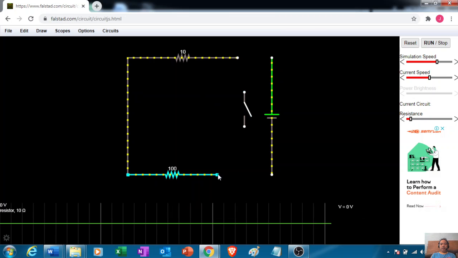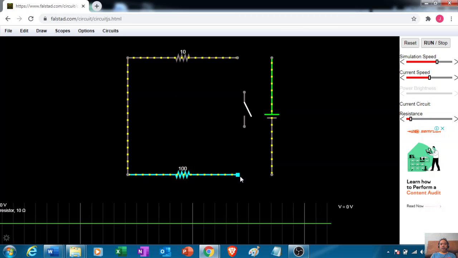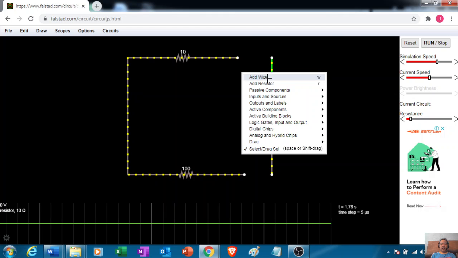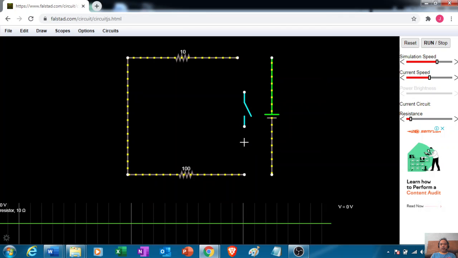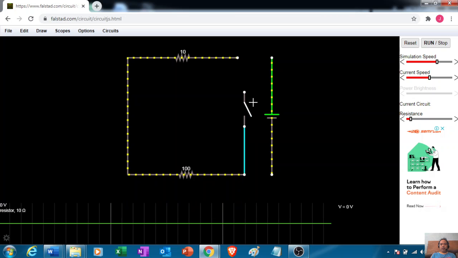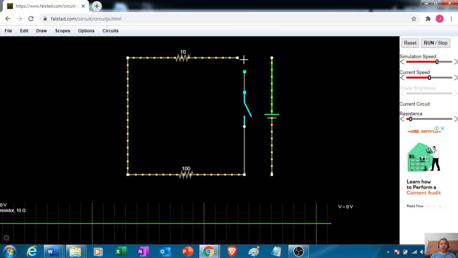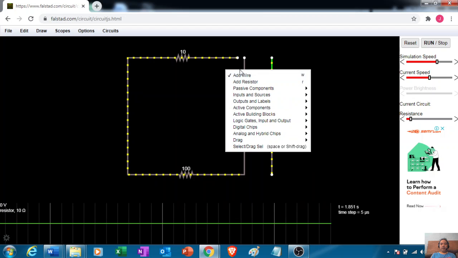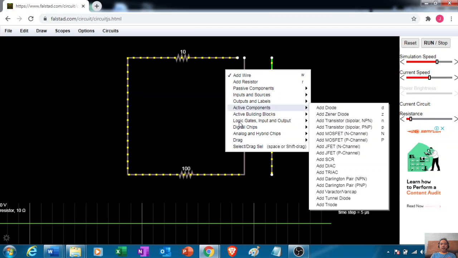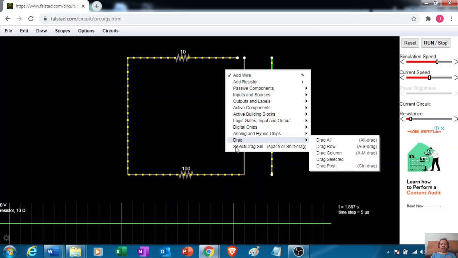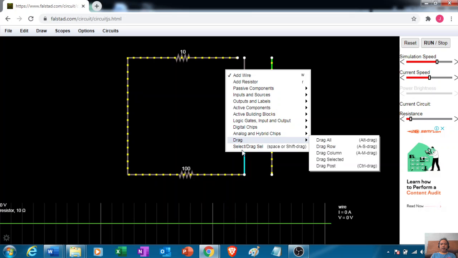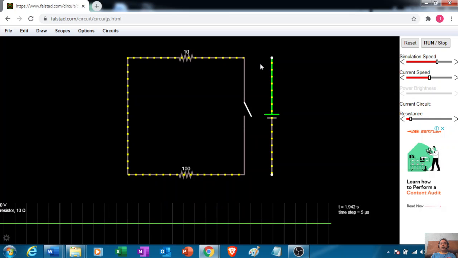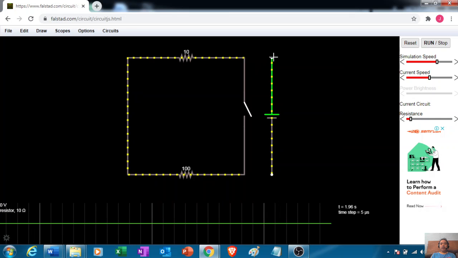So we're gonna add a wire by right clicking the window, okay, and choose add wire. And let's try to drag, select drag rather, and you try to extend. Okay, then add wire.